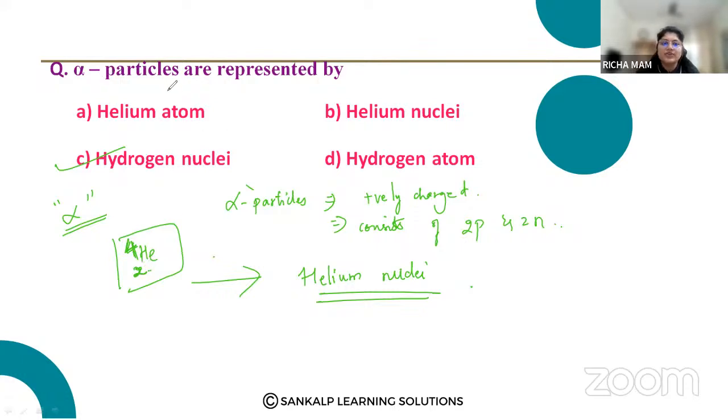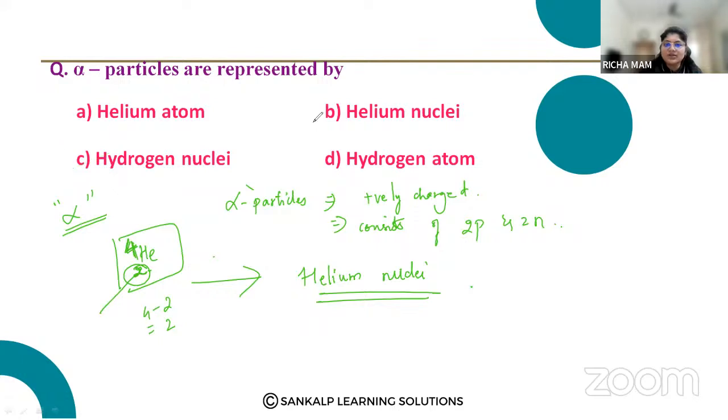Fine. So alpha particles are positively charged. They consist of two protons and two neutrons. How are neutrons calculated? Mass number minus atomic number gives you the number of neutrons, and the atomic number itself is the number of protons. Sorry, I have marked it wrong.